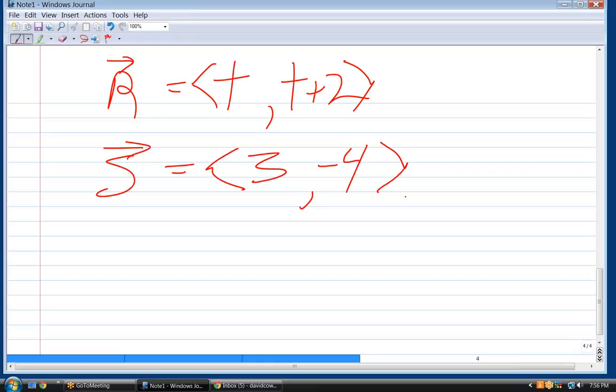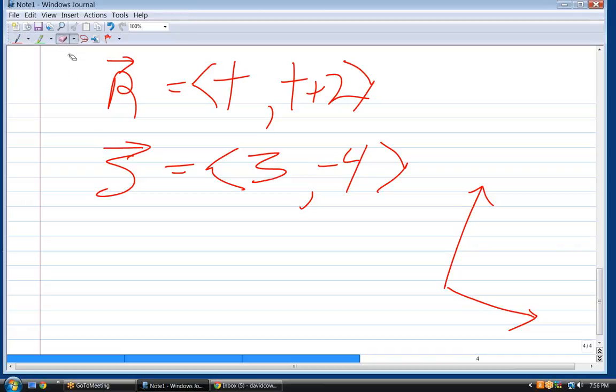For these two vectors to be perpendicular to one another, what has to be true? Perpendicular is the same meaning as orthogonal. And a lot of times when you're talking about vectors, they use the word orthogonal. Means they're perpendicular. But so they multiply to equal 0? The dot product has to be 0.